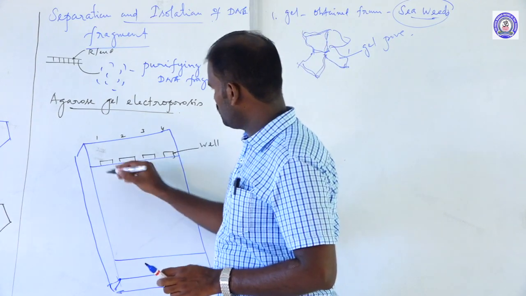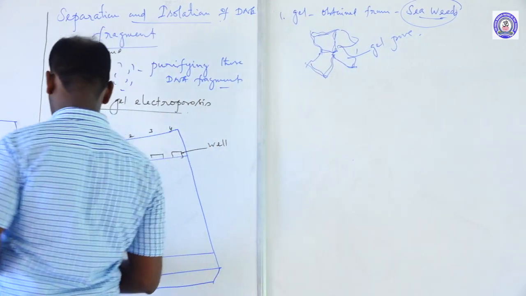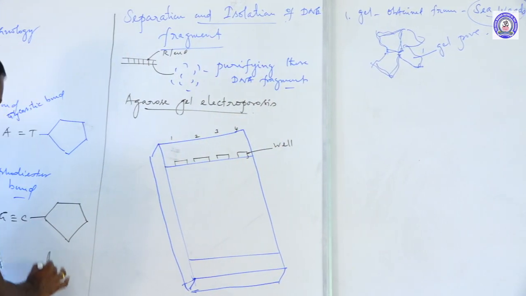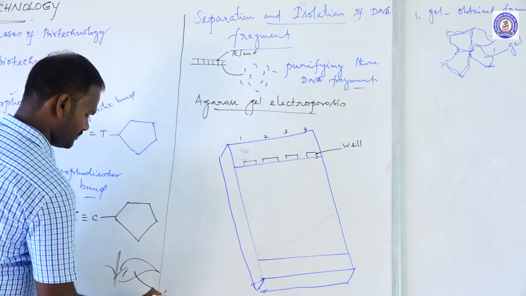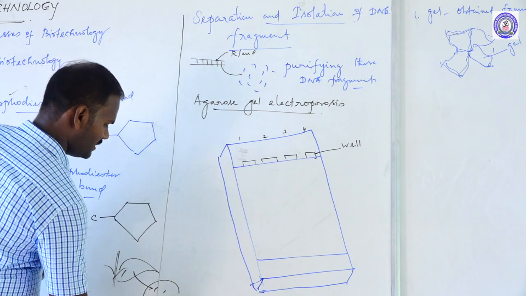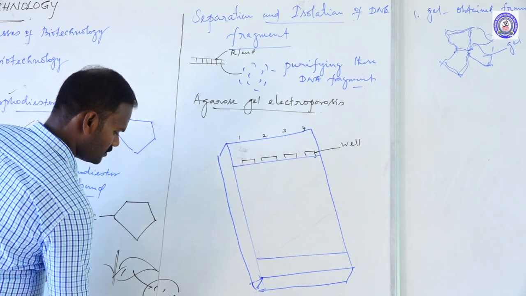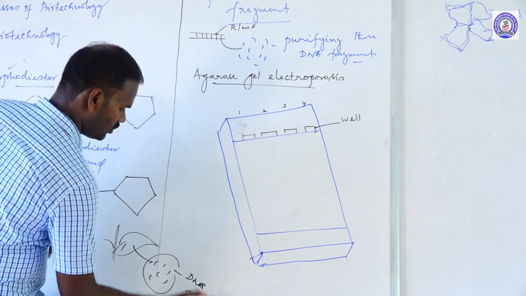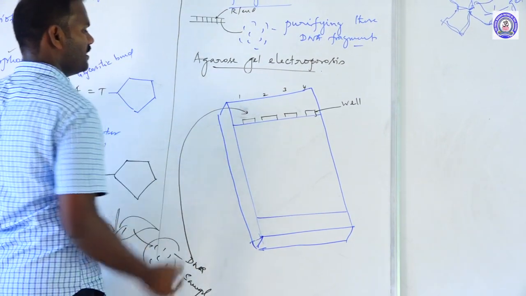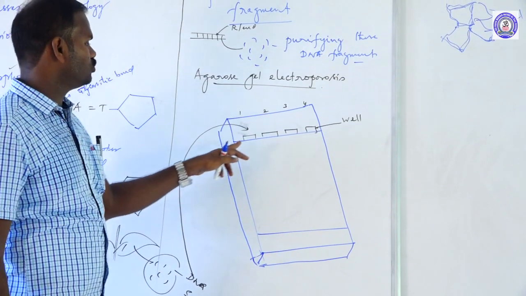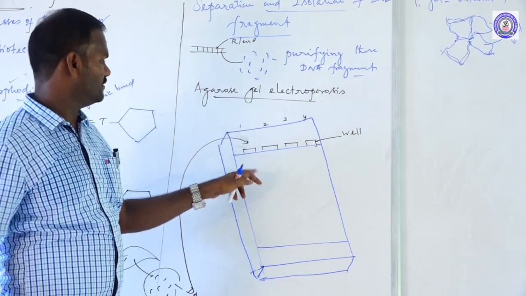Then the DNA sample, a foreign DNA obtained from a plant, is loaded into the electrophoresis instrument through the well.